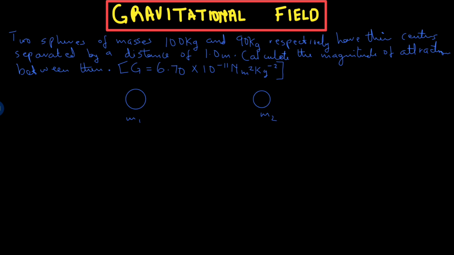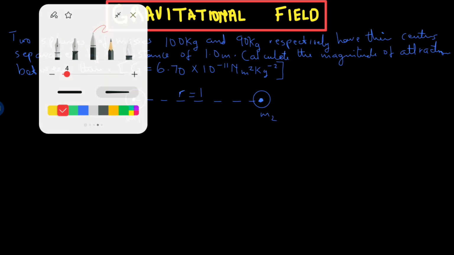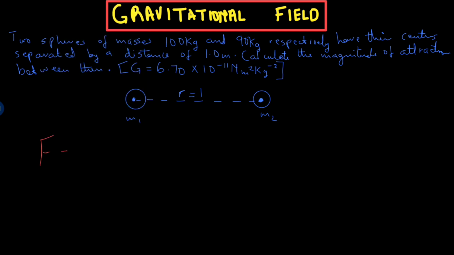Their centers are separated by 1.0 meters, so the distance R is 1 meter. The gravitational force of attraction between them is G M1 M2 over R squared. That was the equation we looked at earlier.